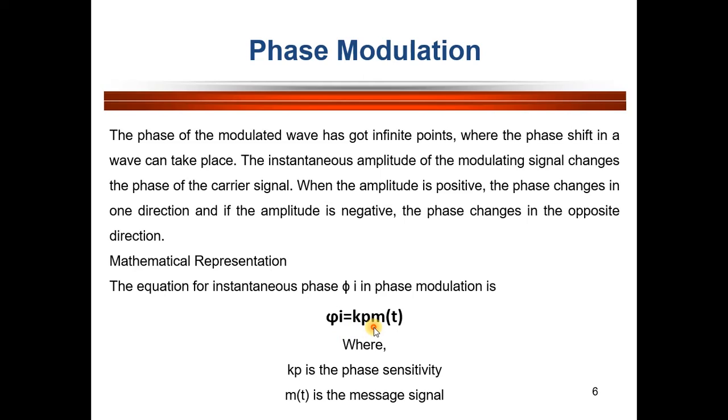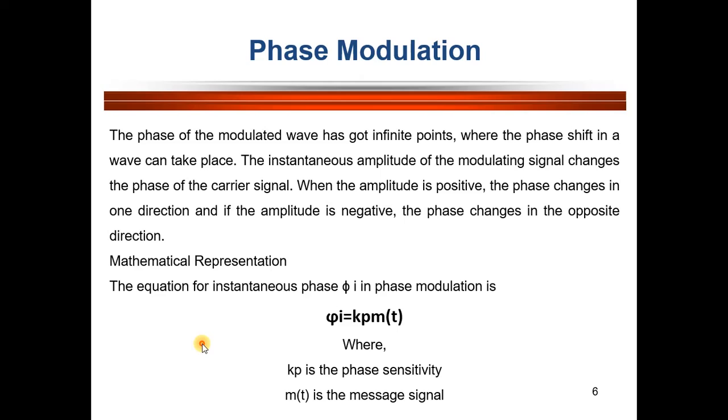We know that the carrier voltage is always expressed by Ec = A sin(omega c t + phi), whereas the EPM, which is related to phase modulation, is represented as A sin(omega c t + phi m sin omega m t), where phi m is the maximum phase.